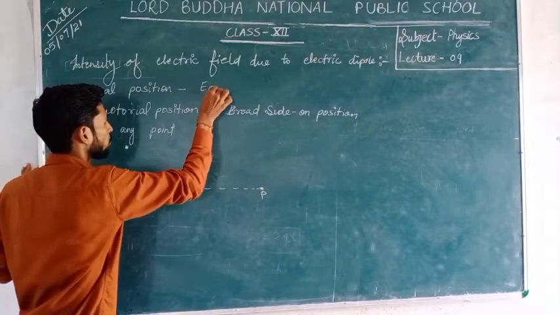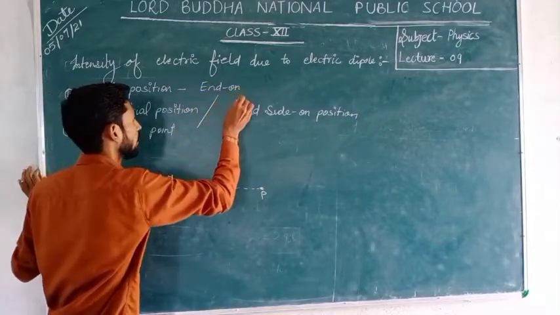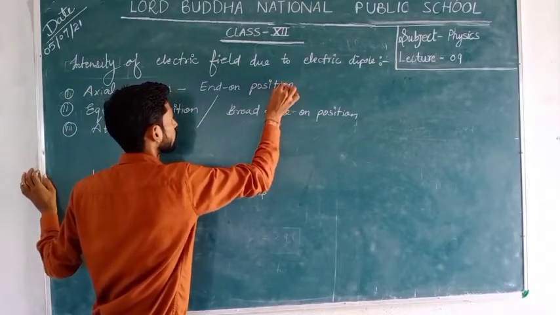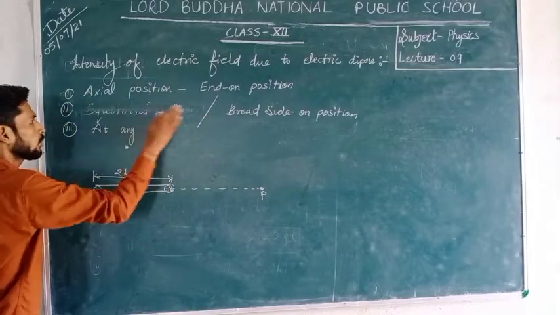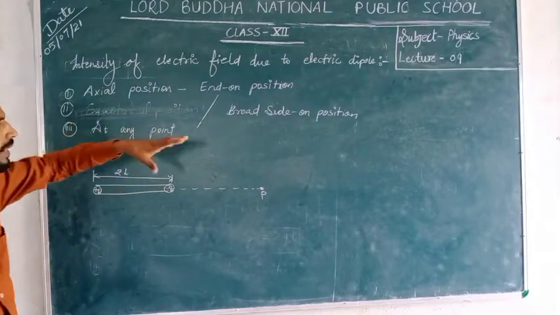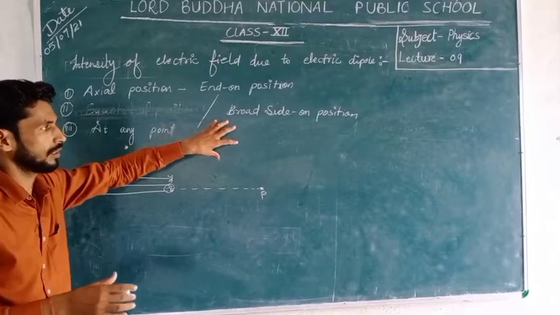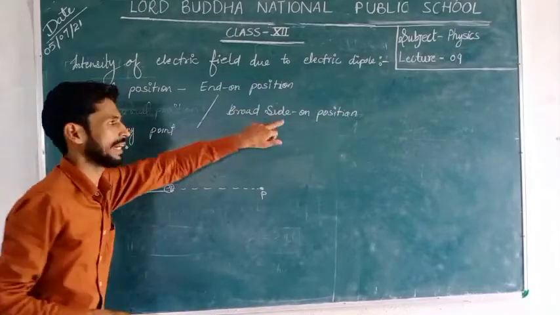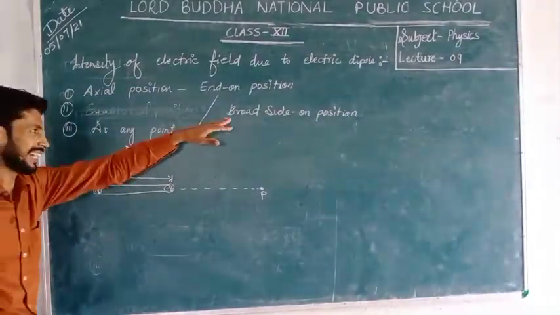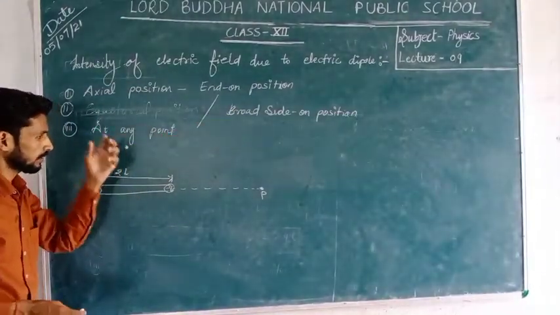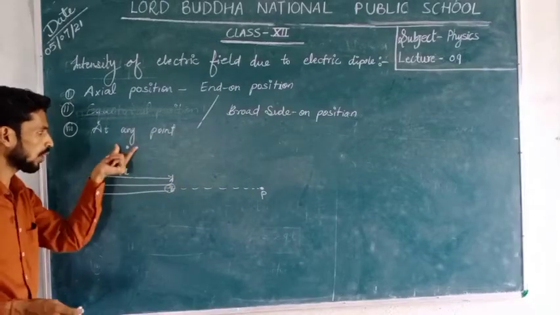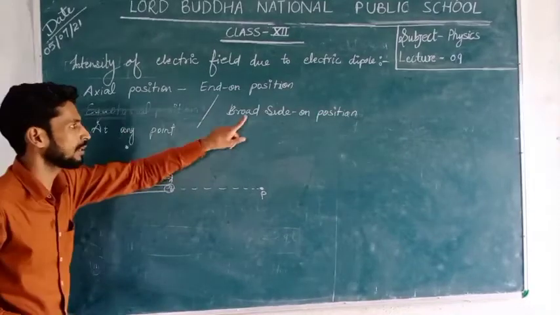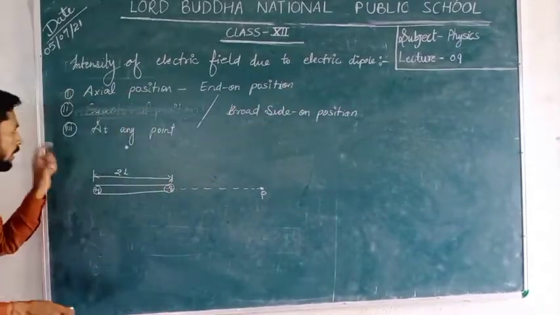And this is end on position. Clear that? There are the two names. The main name which is in frame is the broadside on position. Broadside on position means this point will lie vertically upward or downward to this system.